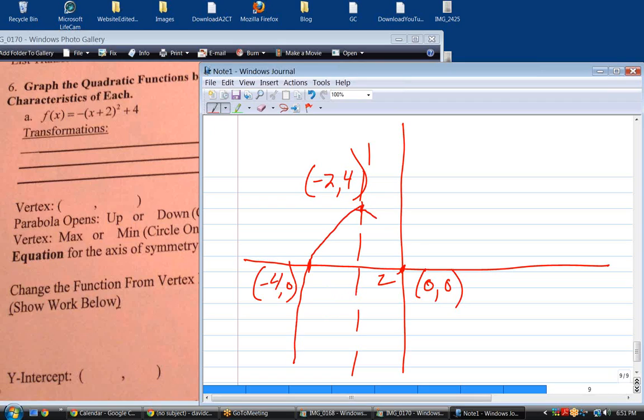I've got both x-intercepts and a y-intercept. And there's my graph. And 3 points define a parabola. So any 3 points that you make are going to determine a parabola, but the 3 that most teachers want are the vertex, the x-intercepts, and usually the y-intercept. So really they want 4 points, typically.